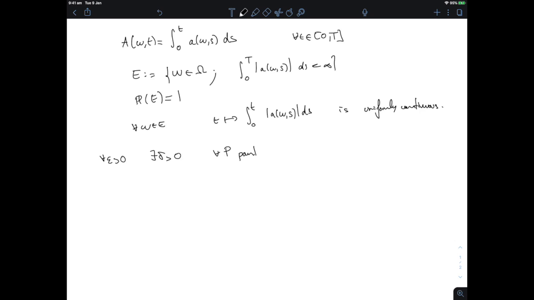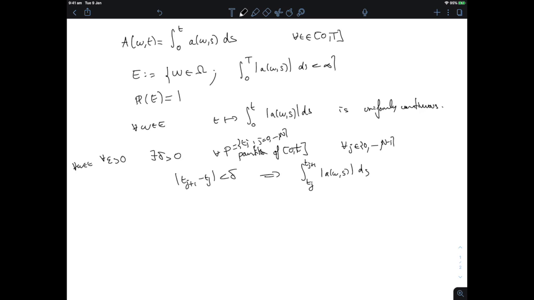for every P a partition, let's say, of 0 to t, that's your little t, where P is going to be a set of t_j's, j running between 0 and n, and for every j between 0 and n minus 1, whenever t_{j+1} minus t_j is smaller than delta, then the integral from t_j to t_{j+1} of a(ω, s) ds, for every ω in E, is certainly smaller than epsilon, right?